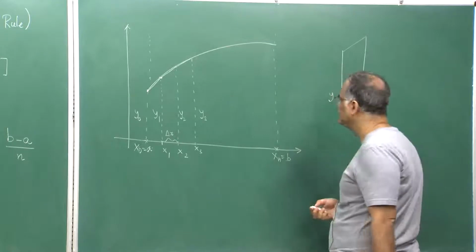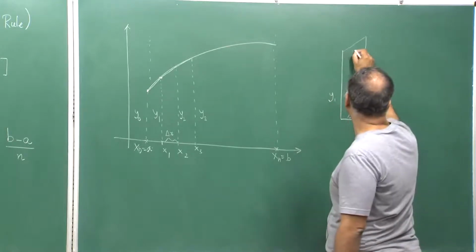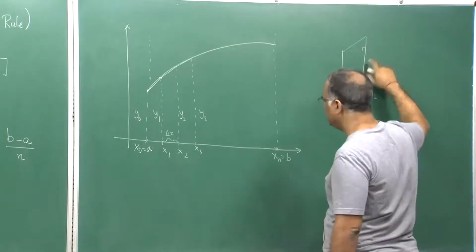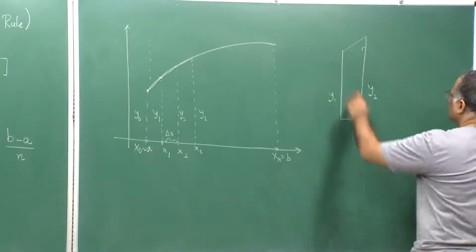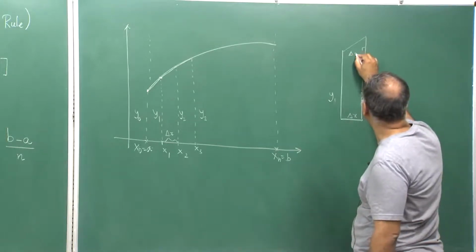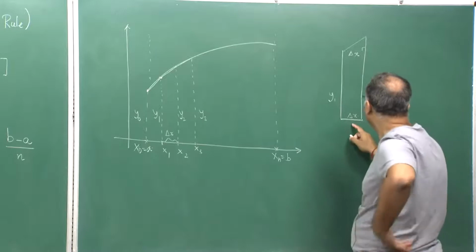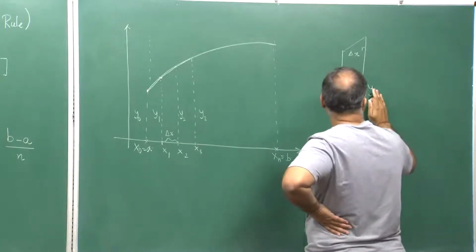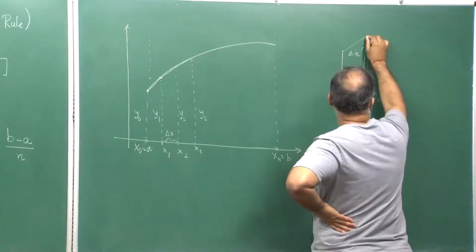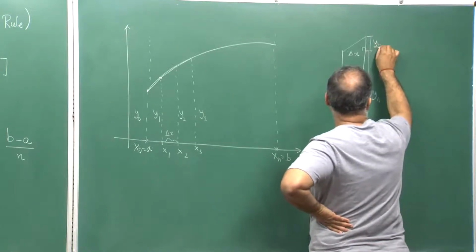Just draw a perpendicular here, so it becomes a rectangle. This part is y1, this part is the same as delta x, and this part is y2 minus y1.